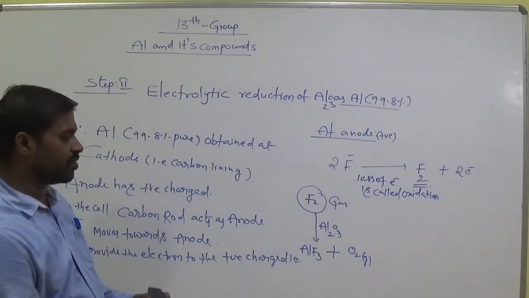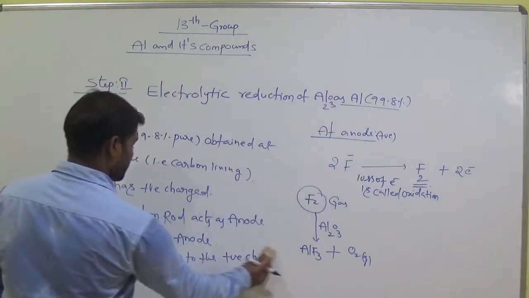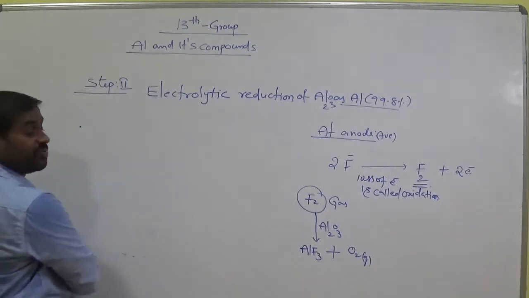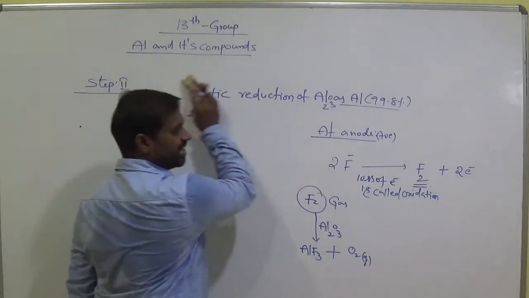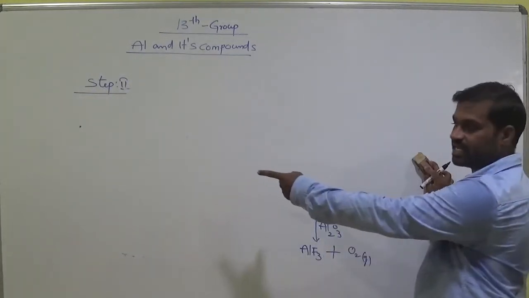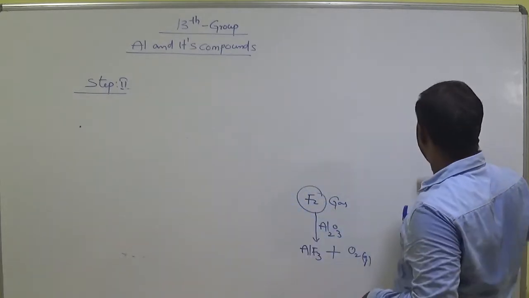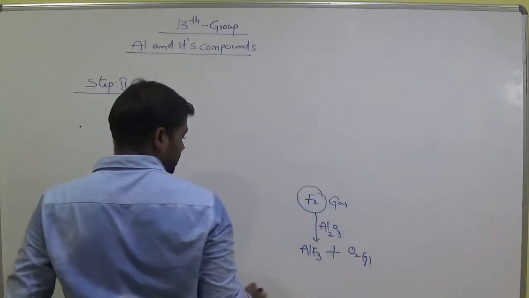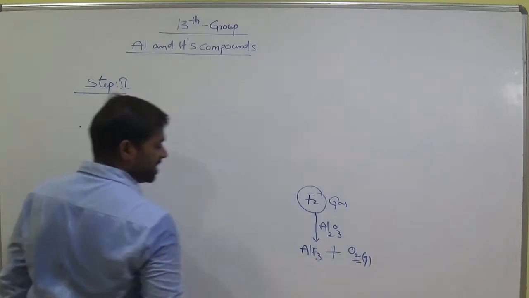This is the mechanism of how the reaction takes place in the cell. Okay, clear? This fluorine gas again interacts with alumina in the cell, that is the electrolyte, which gives AlF3 again. Initially we take AlF3 from cryolite, and AlF3 is again formed. So here O2 is produced.